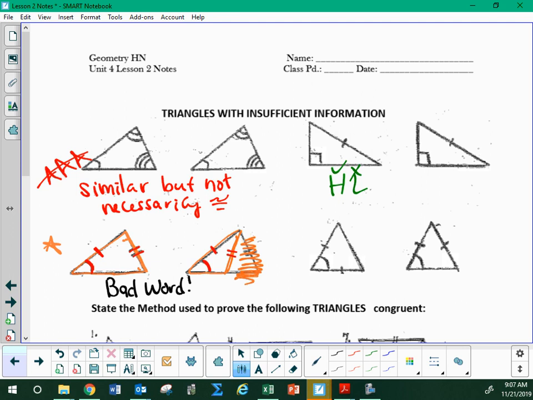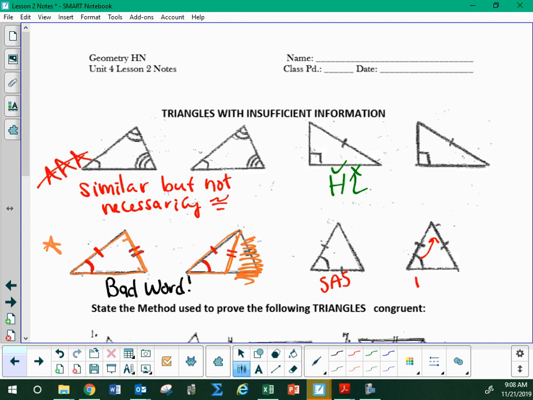Okay, what's the problem with the last one? Grace? You have side angle side versus side side angle. Good. We've got the same amount of information, two sides and an angle, but notice the locations don't match up. Here we have side angle side, but here my angle is not in between them, so it's not side angle side.